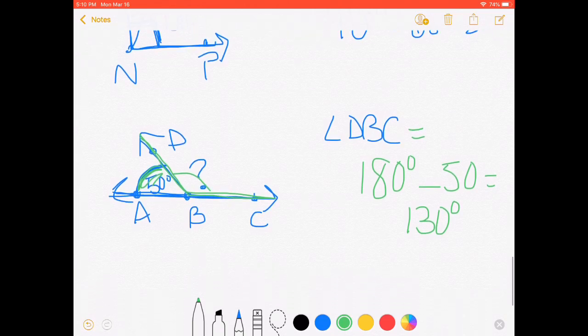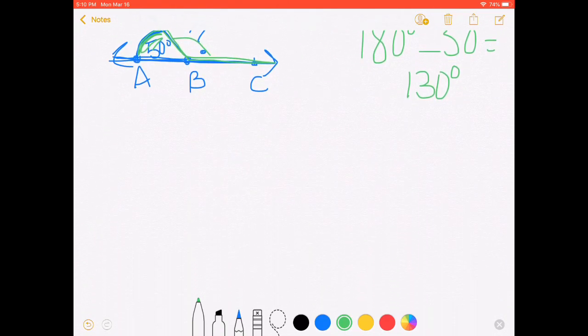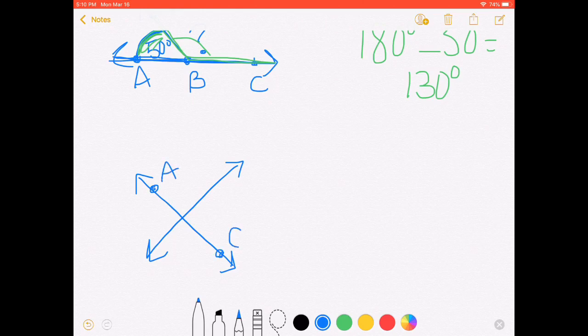And one last example. If we have two lines that intersect to form vertical angles, and we call these lines A and C, and then D and E, and their intersection right here is at point B. And we know that this angle over here is 74 degrees.